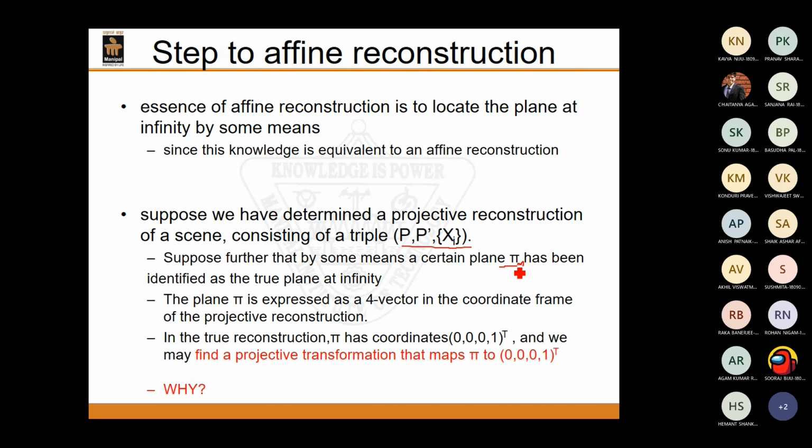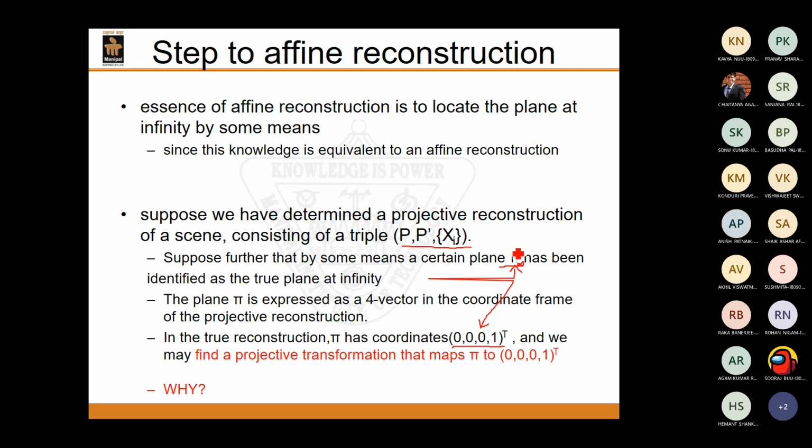Now, given this pi infinity, the actual coordinates of the plane at infinity will have the values 0, 0, 0, 1, right? So what I need to do is find what is the transformation between this pi infinity as well as this.